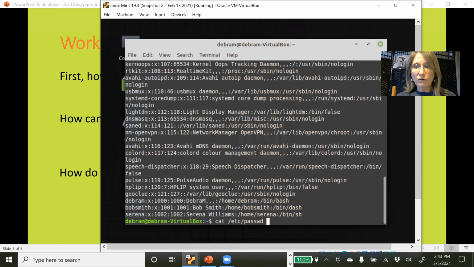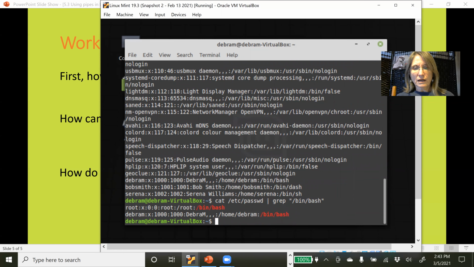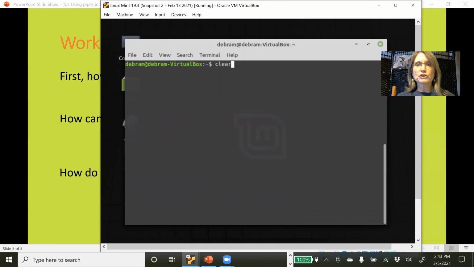We'll now pipe that to the grep command with the information looking for the bash shell. In fact, I'm going to clear the screen and issue that again.